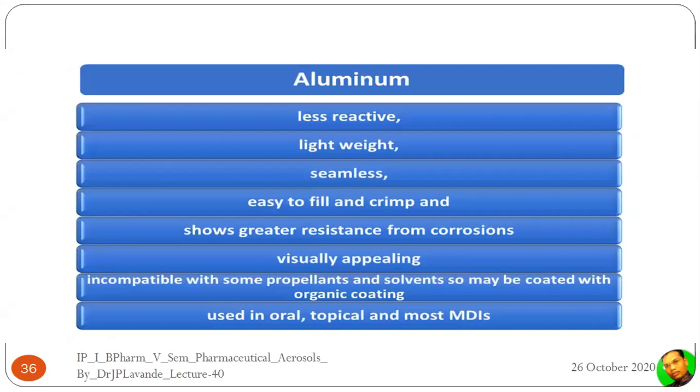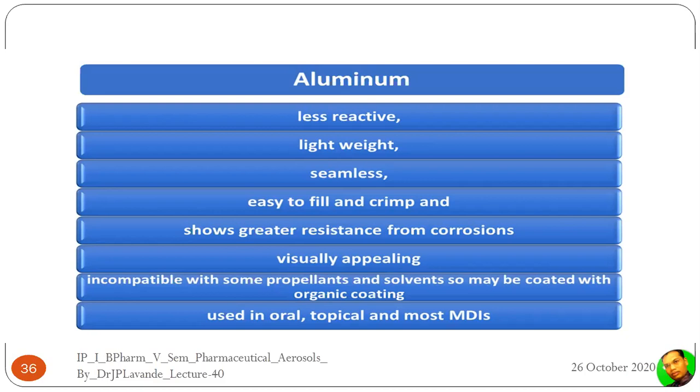If you see aluminum, that is the most used in most of the aerosol systems. This is because of their properties: these are less reactive, light in weight, seamless, easy to fill and crimp, and they show greater resistance to corrosion.